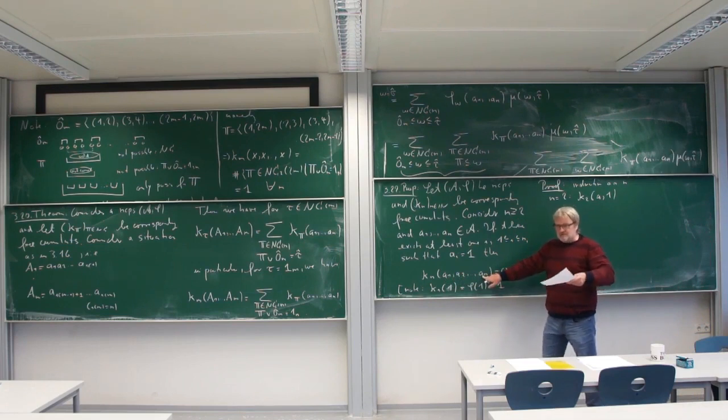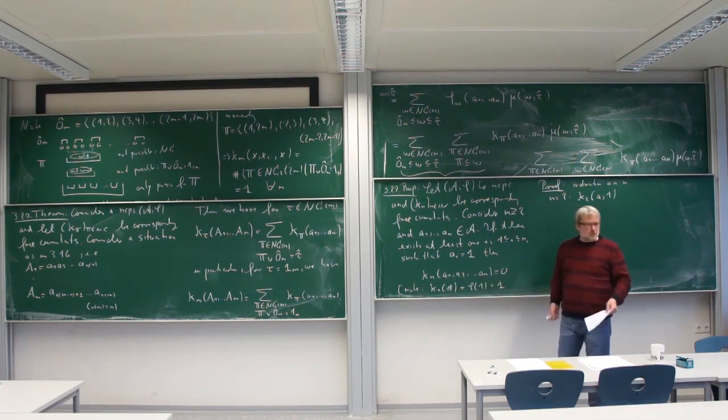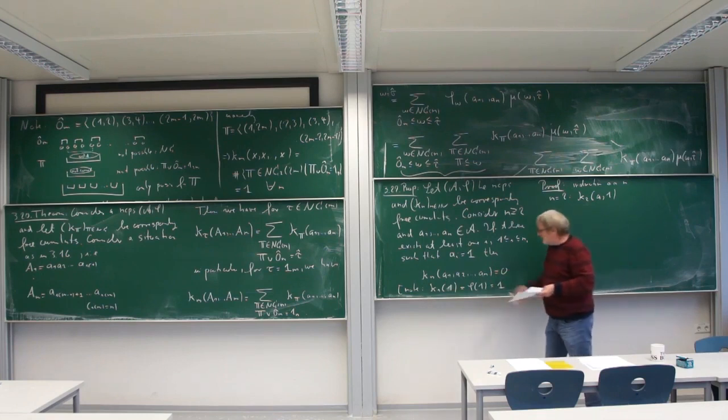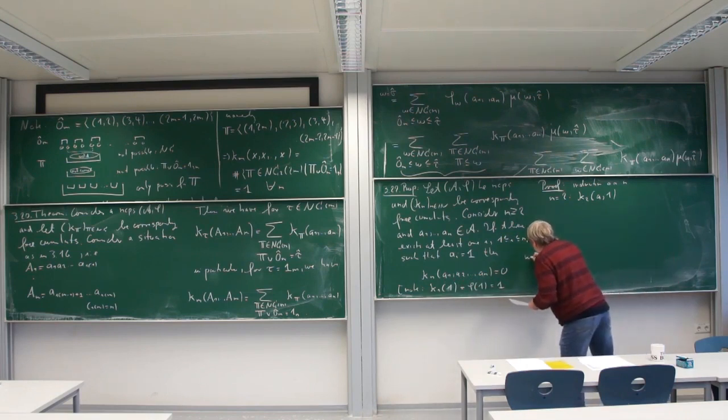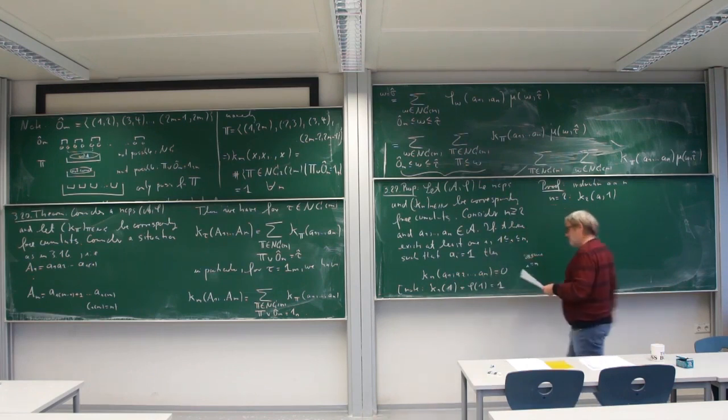I mean, it doesn't matter. The argument is the same, but in order to write down concrete formulas and indices, let us assume that a_n is equal to 1. So I want to show that kappa of a_1 up to a_{n-1} comma 1 is equal to 0, without assuming the following, that this i is equal to n.